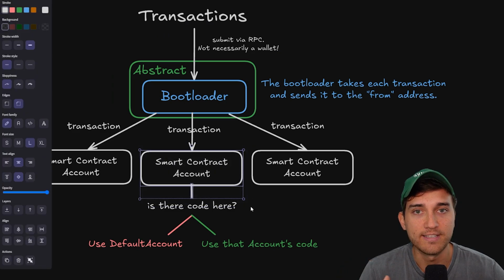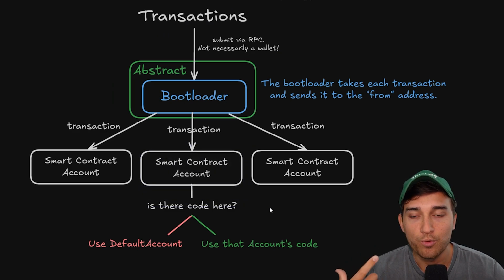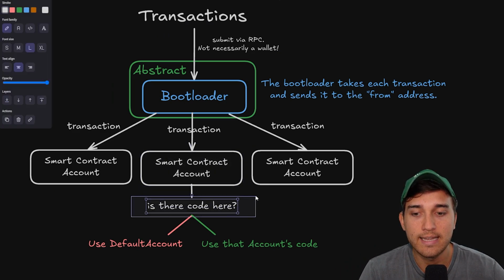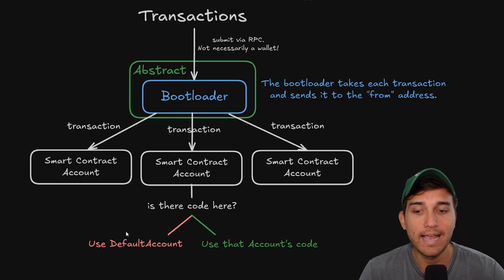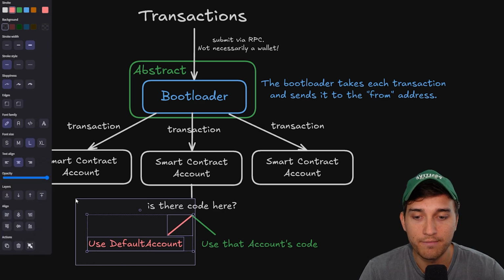Once it reaches 0x567, the protocol makes a decision and asks: is there any contract code deployed at 0x567? If there is not, in this red path here, it uses the third concept I want to introduce, called a default account.